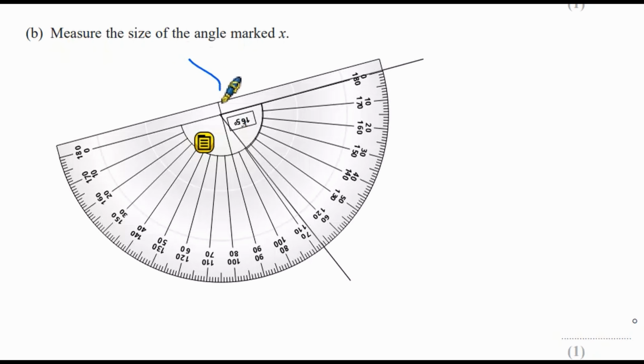Is the centre of the angle right on the cross on the protractor, and am I at 0 here? Both are true, so I need to measure my way around here. So if I go 0, 10, 20, 30, 40, 50, we can see that the angle here is 65, 66, it is 67 degrees, and in fact that is the correct answer on your exam sheet.